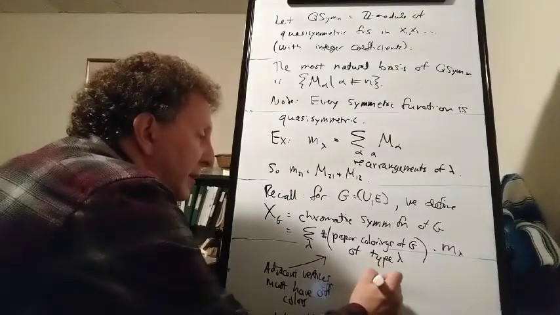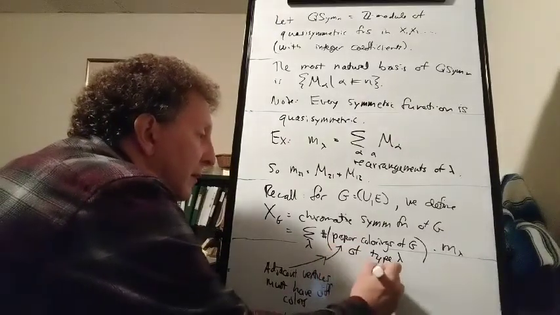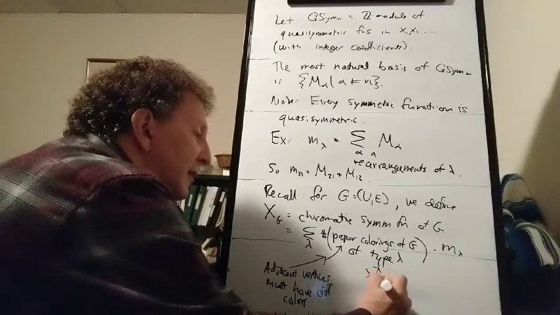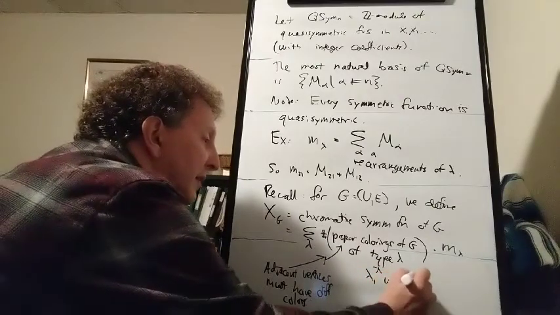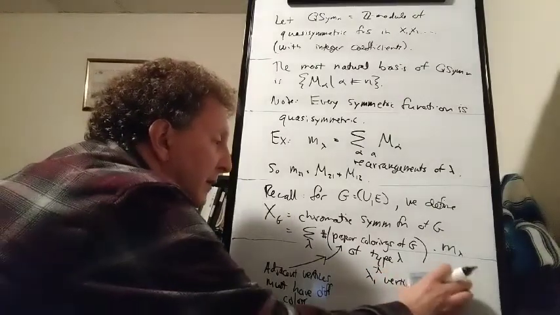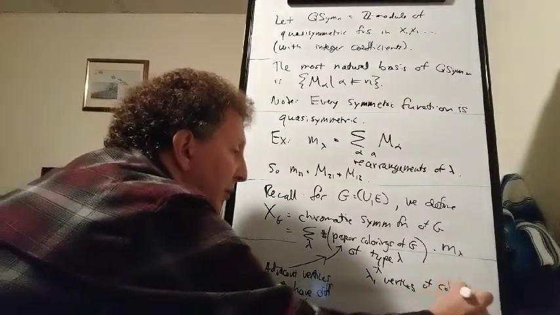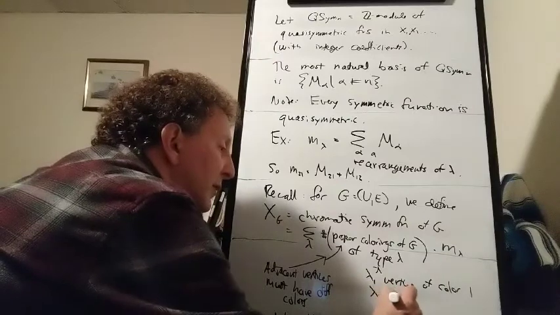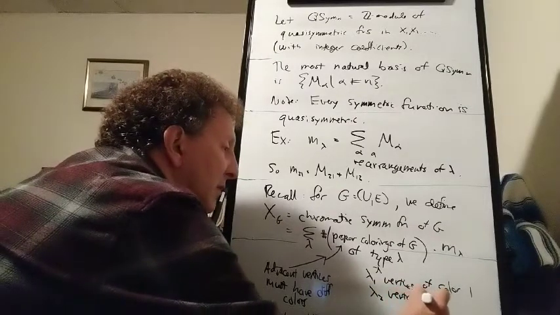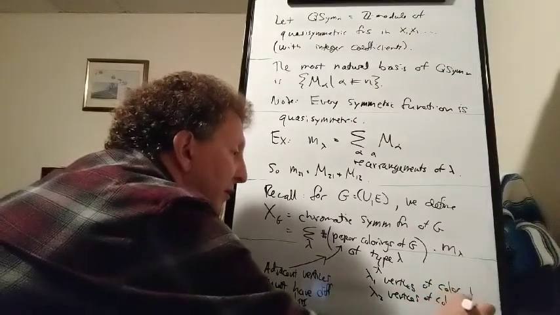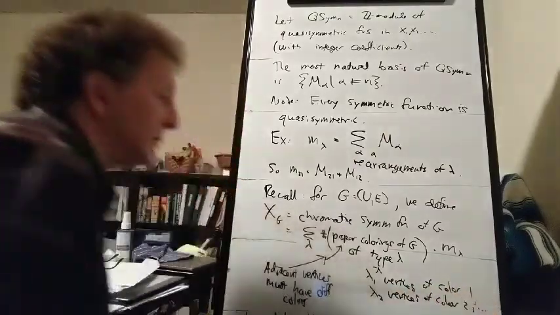And type lambda means that we have lambda 1 vertices of color 1, lambda 2 vertices of color 2, etc.